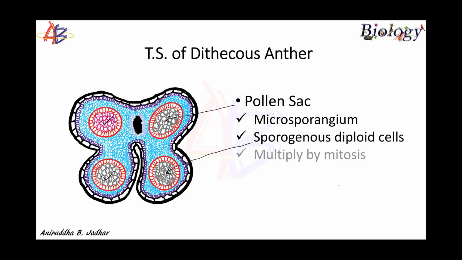As the anther enters the maturation phase, these sporogenous diploid cells form pollen mother cells or microspore mother cells in a step-by-step manner. And these pollen mother cells or microspore mother cells are ultimately going to form the microspores or the pollen grains.